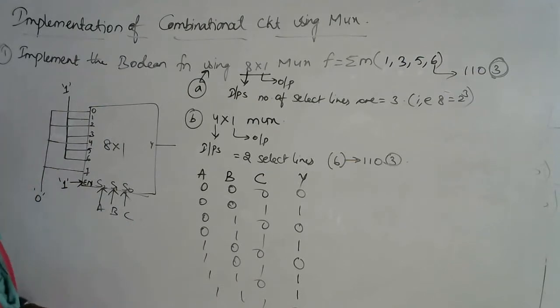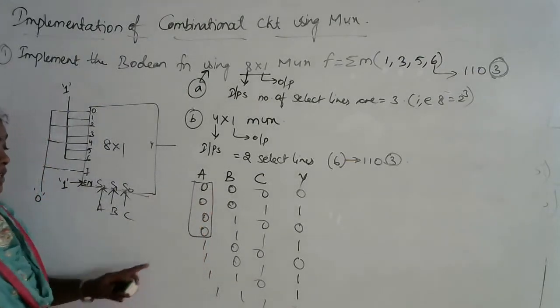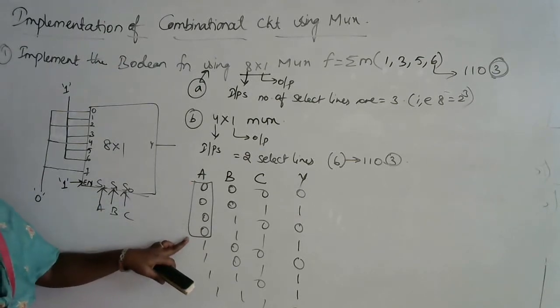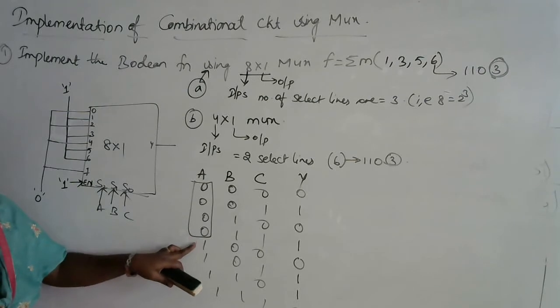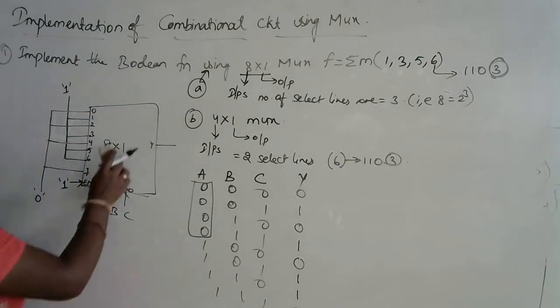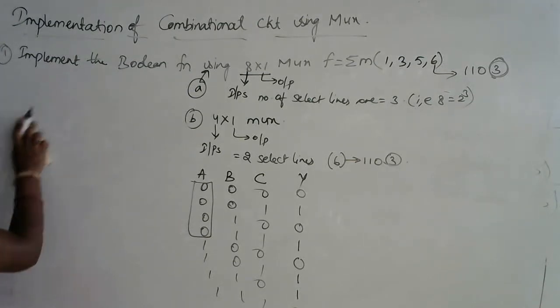If you observe here, can I say for the first, if you are taking A into consideration, MSB into consideration, for the first 4 values I am getting A value as 0 and for the next values I am getting A value as 1. So here what I am doing is, I am assuming this as a 4 by 1 multiplexer.